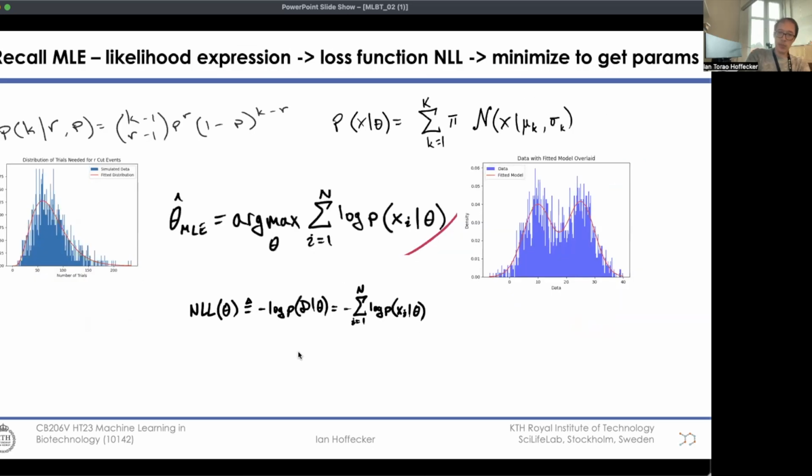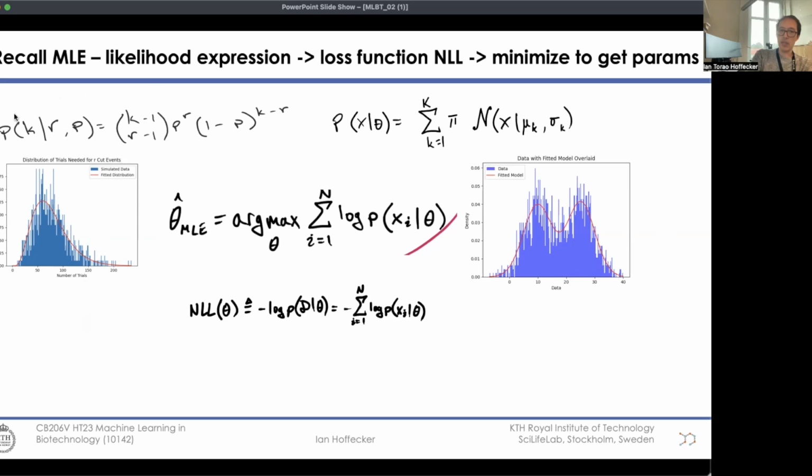And so we want to think about how we do this in practice. We're going to use gradient descent, like I mentioned, and we're going to use maximum likelihood estimation. And this has been a theme throughout. So we start always with a probabilistic model, a likelihood expression. This is always going to have the form that we're interested in the probability of the data given some parameters.